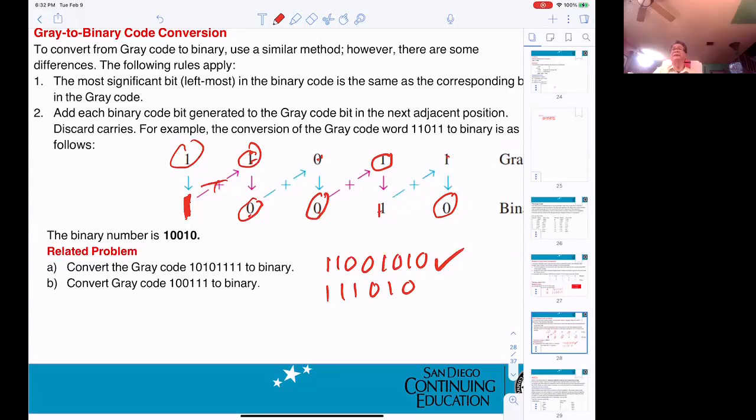Yeah, the thing is digital is very easy, much easier than electronics. Okay, number B, 111010. Is it correct? Yes. Okay.